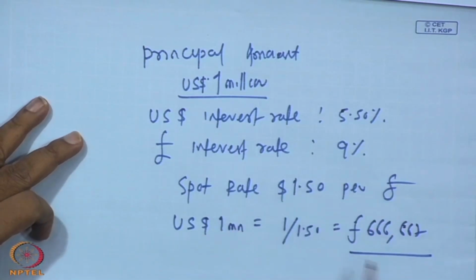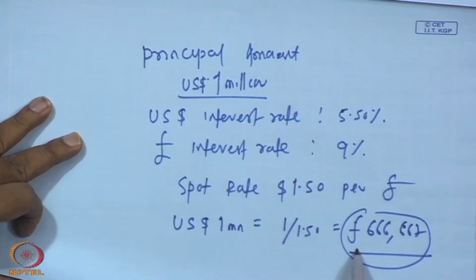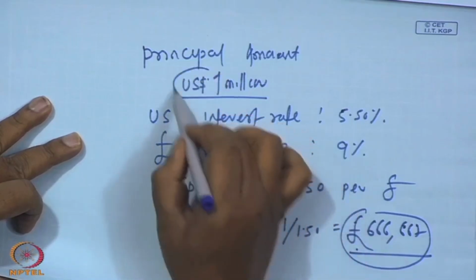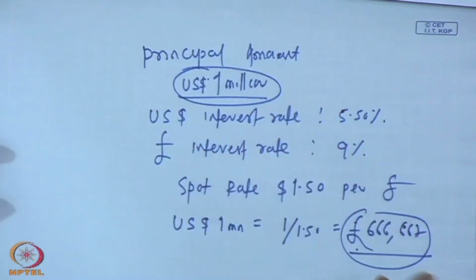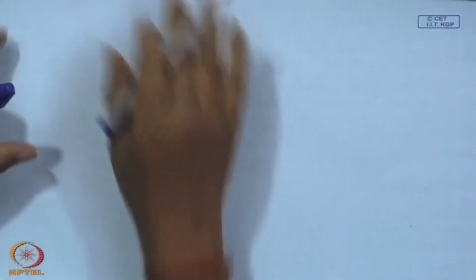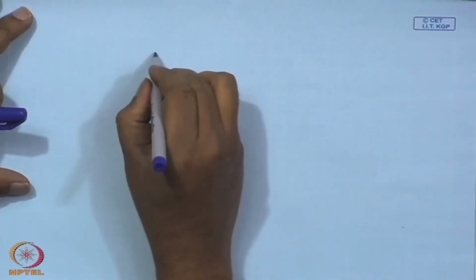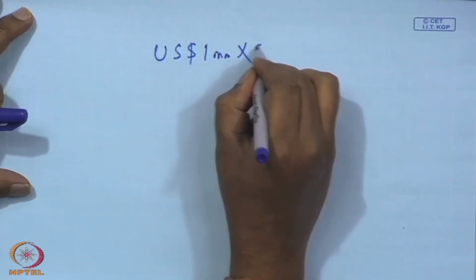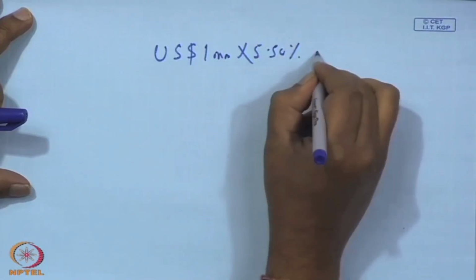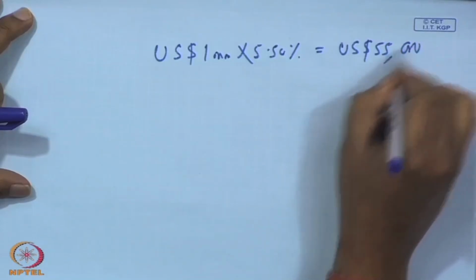This is the principal. The principal transaction is the principal amount of pound sterling and the principal amount of US dollar. The transaction takes place after 5 years; this is the principal transaction. Now, what will be the interest transaction? Interest in US dollar will be at the rate of 5.5%. So, US dollar 1 million at 5.5% is equivalent to US dollar 55,000 every year.